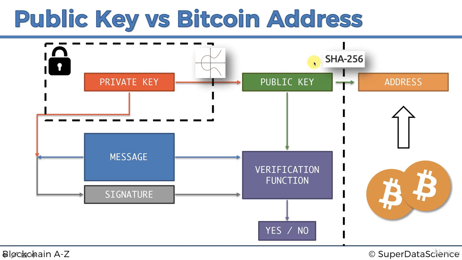But if you're protecting it with an additional layer of protection, which is the SHA-256 hashing algorithm, then even if somebody somehow reverse engineers this, you will have that additional layer of protection because people will only have your address. They won't be able to get to the public key that quickly unless you've sent them money.